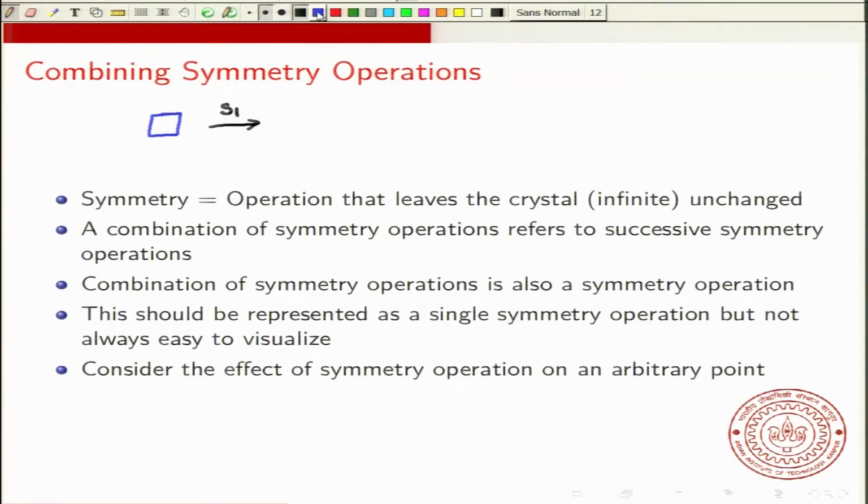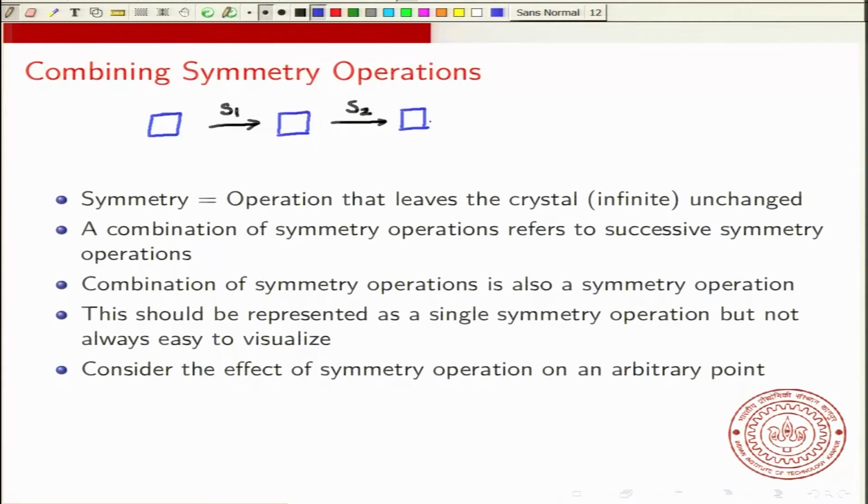Then you get a crystal that is identical. Of course, you have transformed it, but essentially you cannot tell the difference between the original and the final configuration. Then if you do another symmetry operation S2, then again S2 will leave the crystal unchanged. So, overall the crystal will be unchanged.